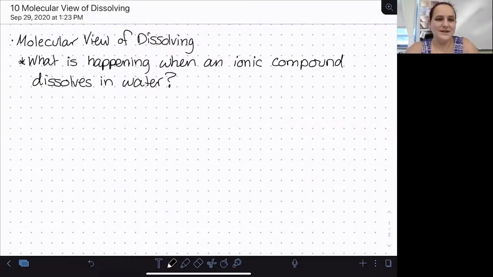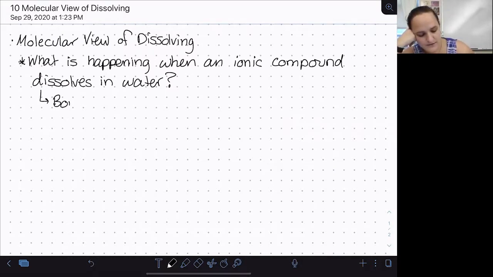In this video, we're going to take a closer look at what is really happening when an ionic compound dissolves in water. So in the most general sense, we can say that we have an assortment of bonds and intermolecular forces that are breaking and forming throughout this process.